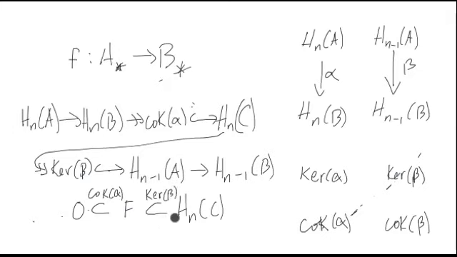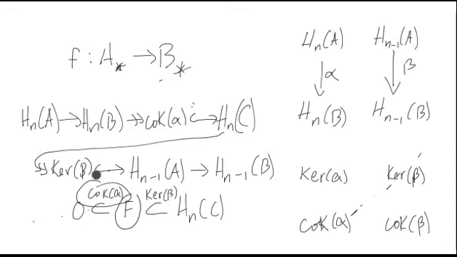Okay, well, notice that as we surject onto the kernel of beta, guess what the kernel is? The kernel is just going to be the F itself right here, which happens to be the co-kernel of alpha as we take quotients. So like Hn of C over F is going to be the kernel of beta, but F is just the co-kernel of alpha.